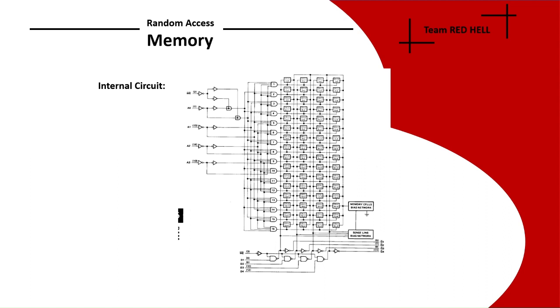Read and write pin defines the operation of RAM. D1, D2, D3, D4 and Q1, Q2, Q3, Q4 are the input and output lines of the RAM.